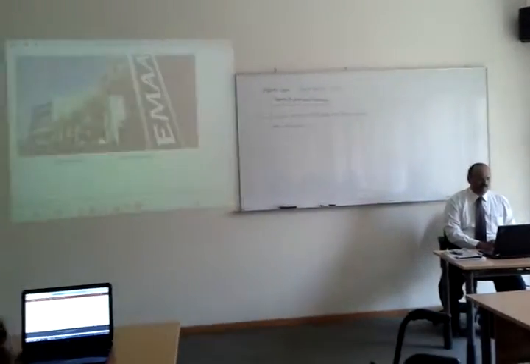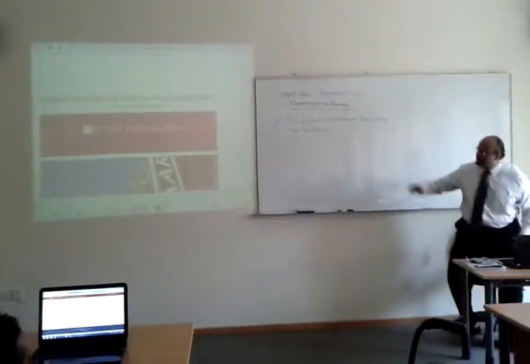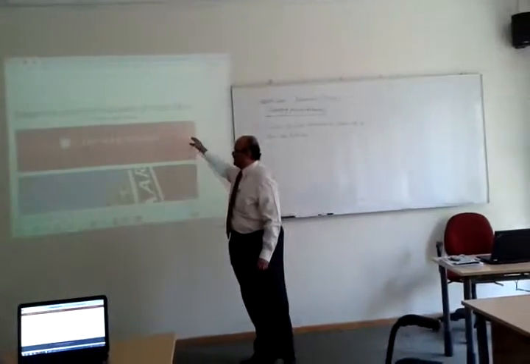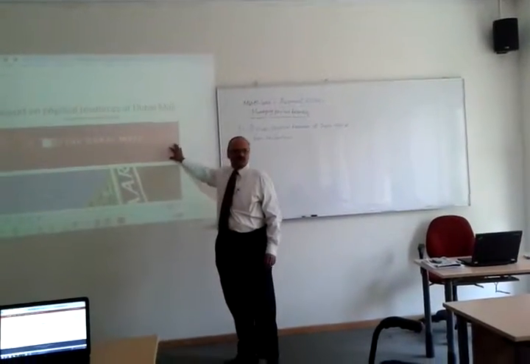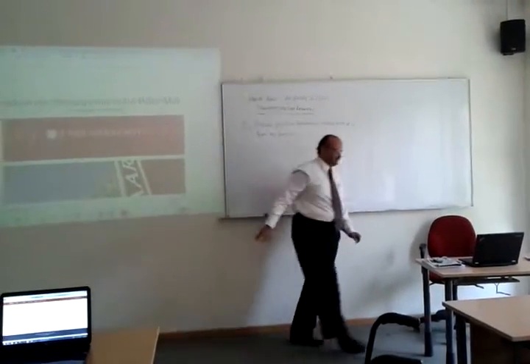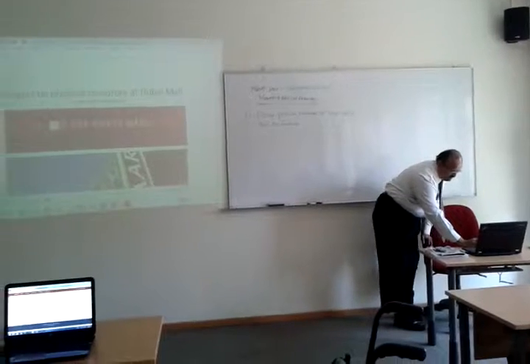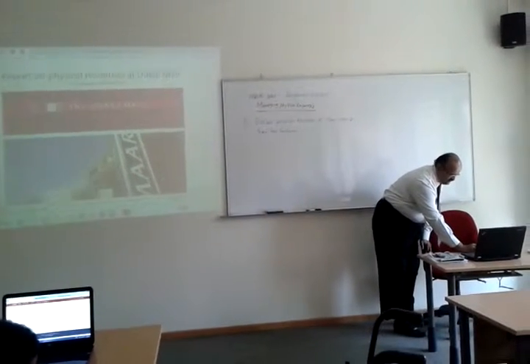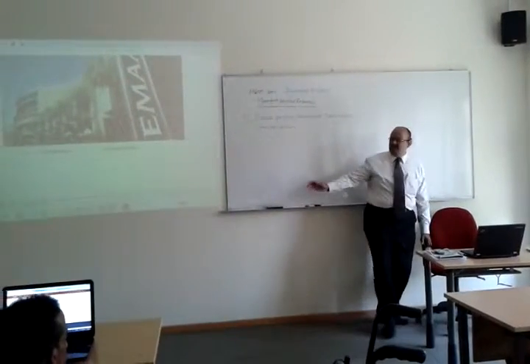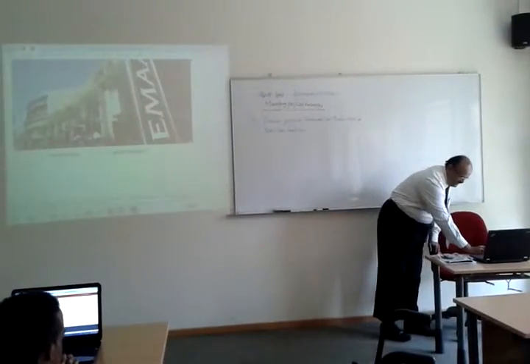Let's say a report on physical resources at Dubai Mall. You are doing it for the Dubai Mall management. You can put a symbol or a logo of Dubai Mall, then you can post a picture, or use any other picture of the infrastructure or inside the mall. Then submitted by, dated so and so. That's on the first page.